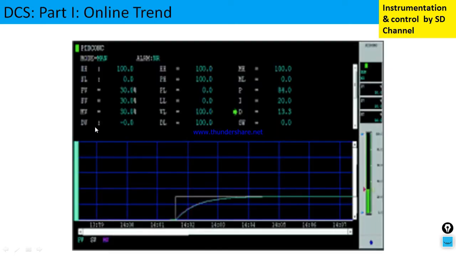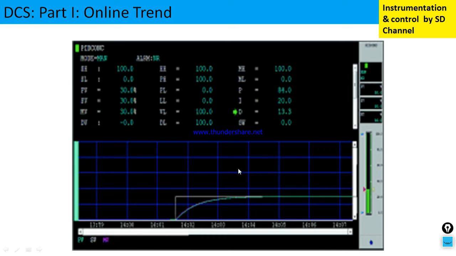Now in DCS you can see the online trend. Online trend means current trend. In tuning parameter you can see the current trend. So this is your set value. For example, if the set value is increased, your PV is going to increase slowly to catch the set value, depending on this PID value, proportional integral derivative value.